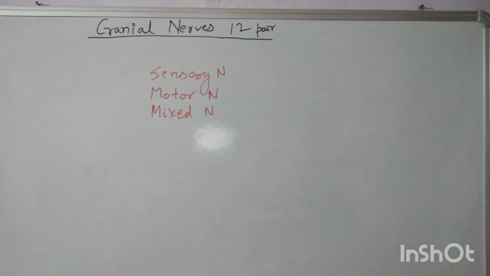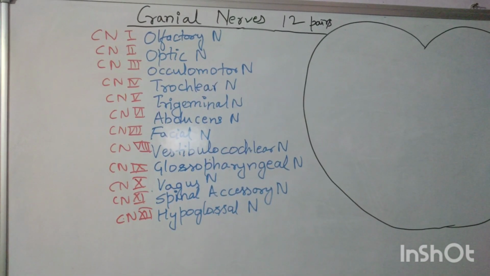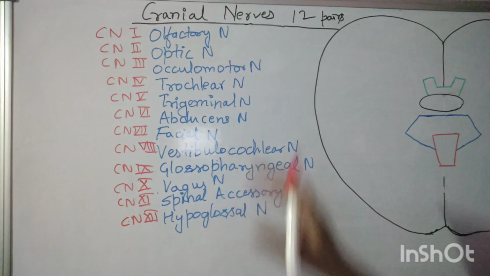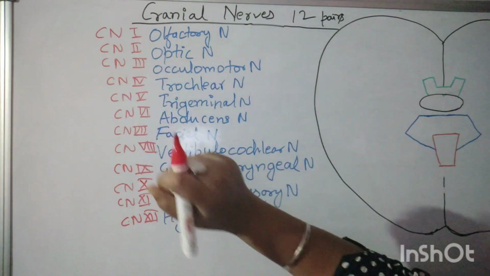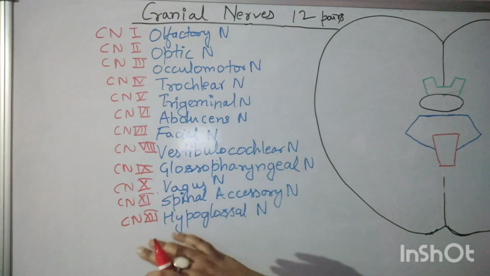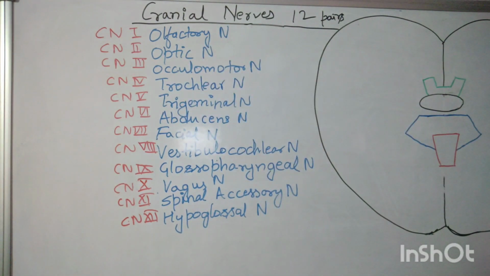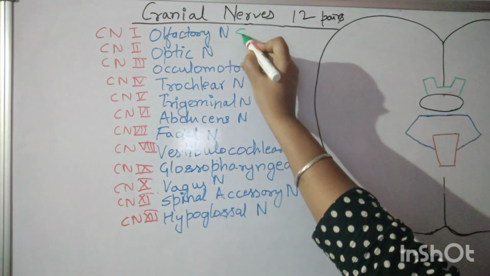So let's see the 12 cranial nerves. Cranial nerves are 12 in number and they are paired, and we will write the cranial nerve as CN1. We will write in Roman numerals. So the first one is the olfactory nerve. This is sensory type.